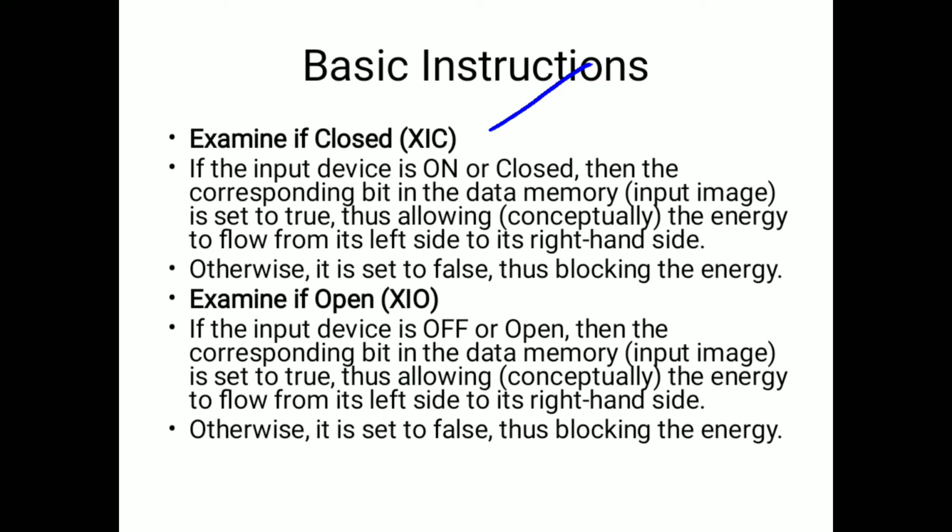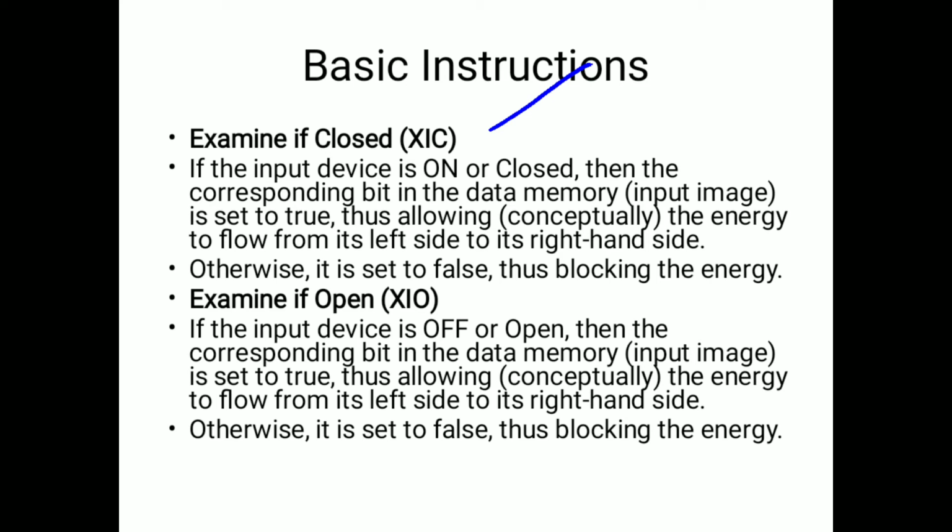The second instruction is Examine If Open. This instruction is used to check if the input device is off or open. If a device is off or open, then the corresponding bit in the data memory will be set, and then it will allow the energy to flow from the left side to the right side.